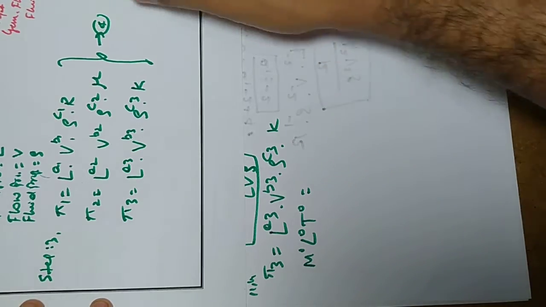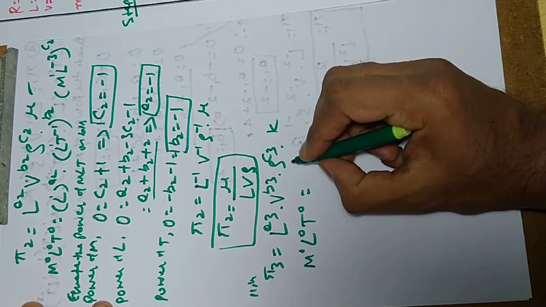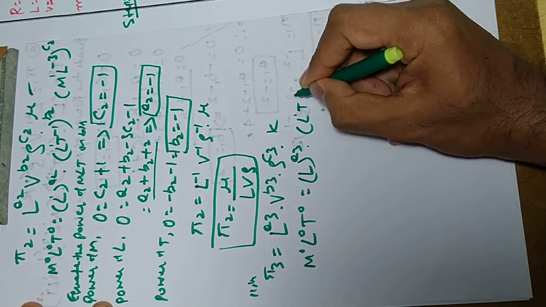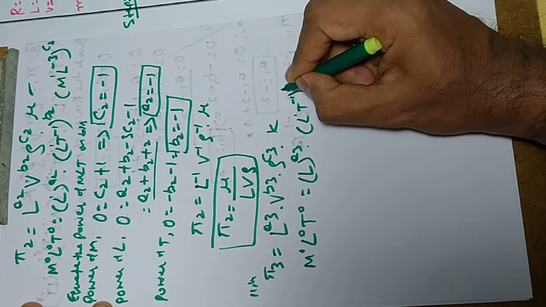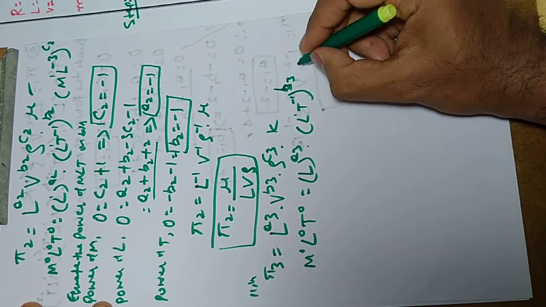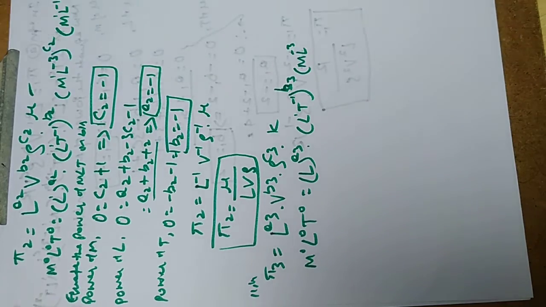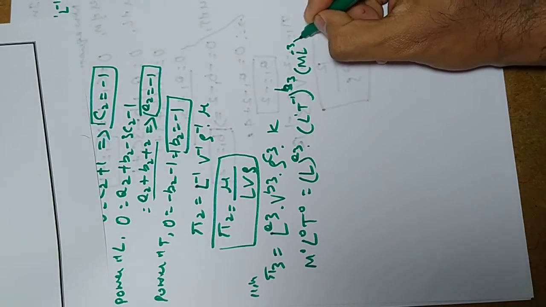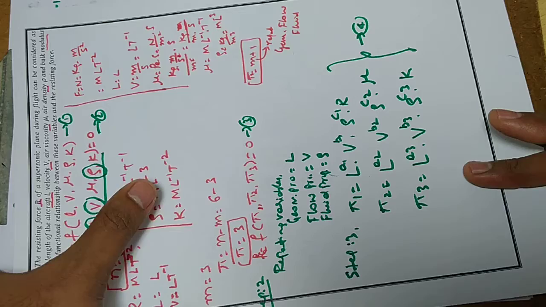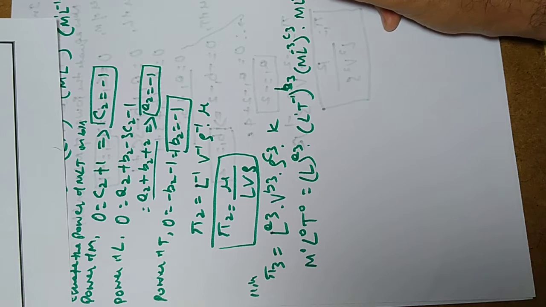L is L to the power of a3; I will just copy this one and change the power. v is lt minus 1 to the power of b3. Next, rho is ml minus 3 to the power of c3. Then k means ml minus 1 t minus 2.